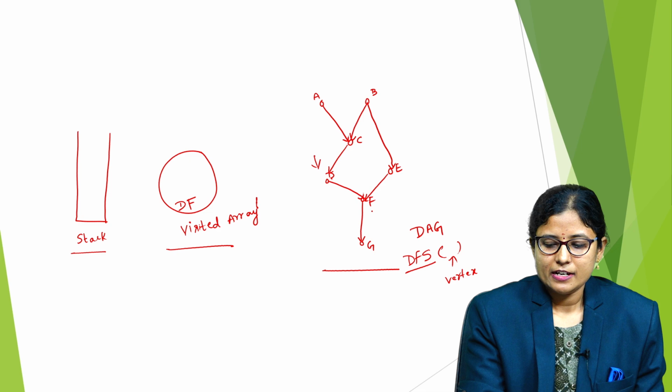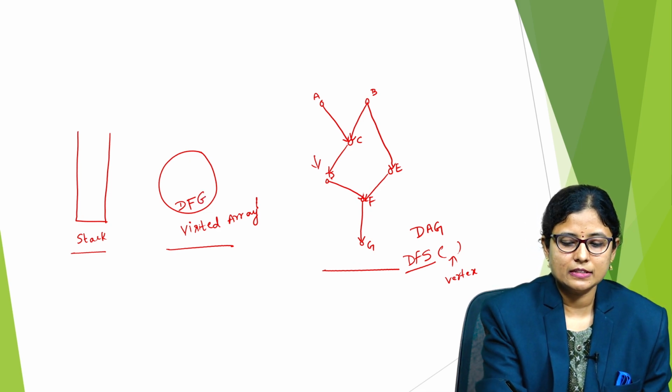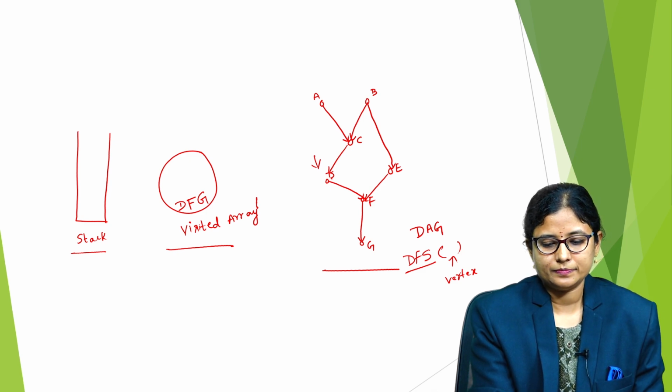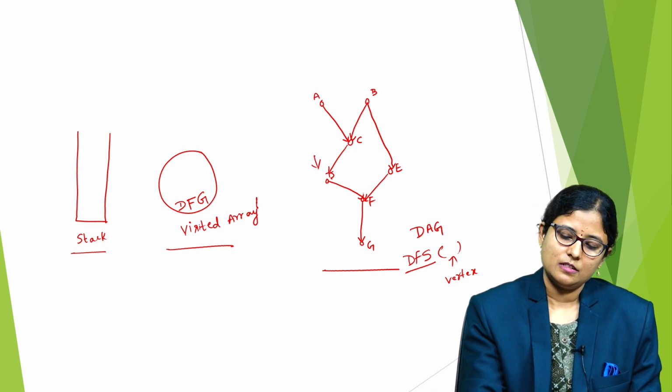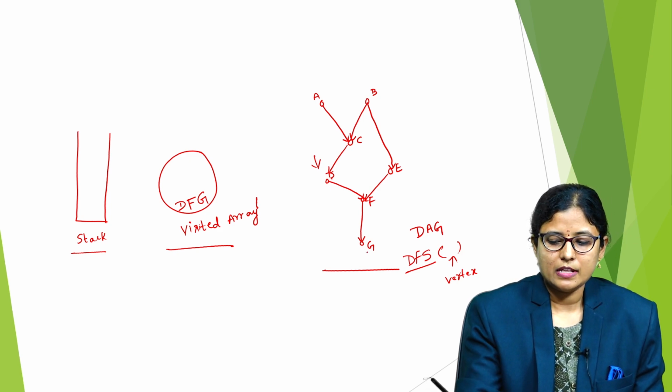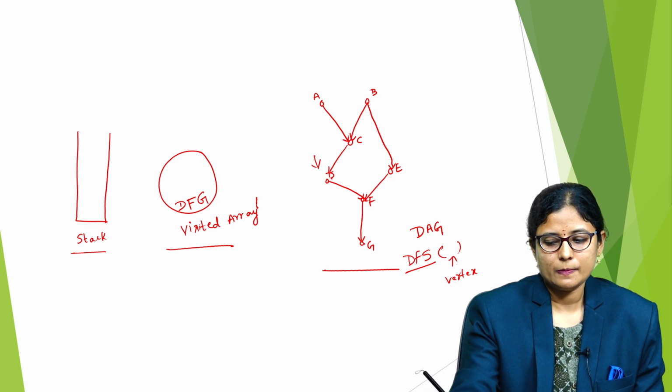What is the neighbor of F? The vertex G. So I am marking the vertex G in the visited array. Is there any neighbor for the vertex G? No. So the algorithm will roll back.